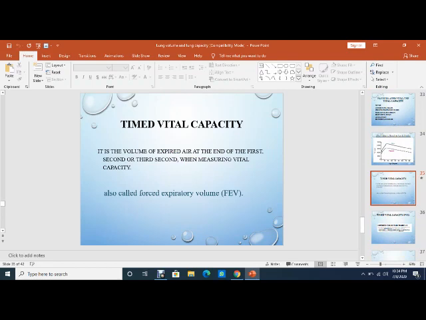Timed vital capacity is the volume of air expired at the end of the first second or third second when measuring vital capacity.